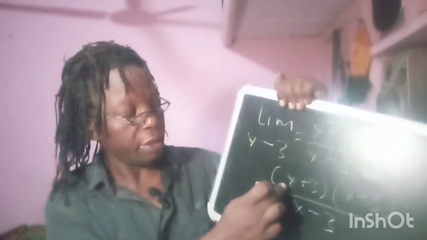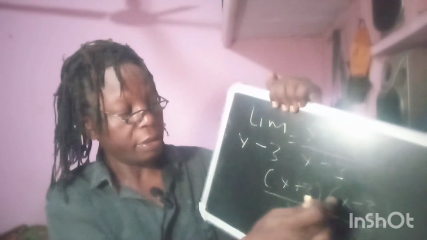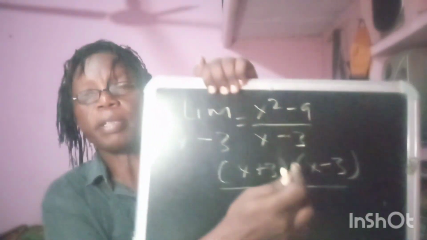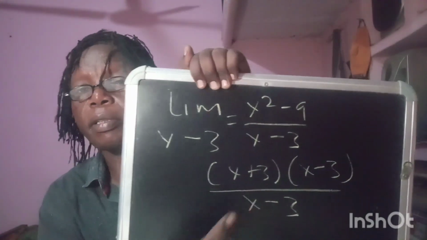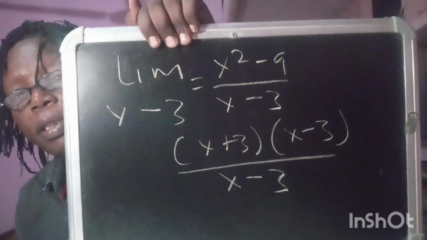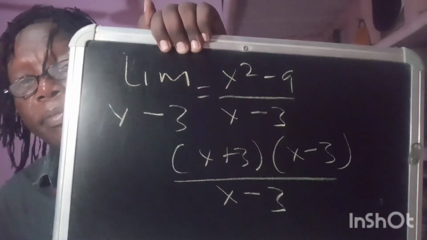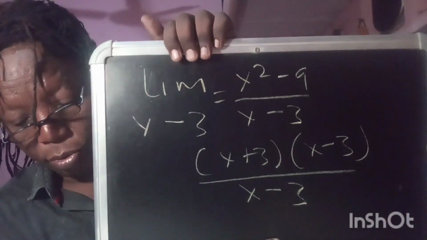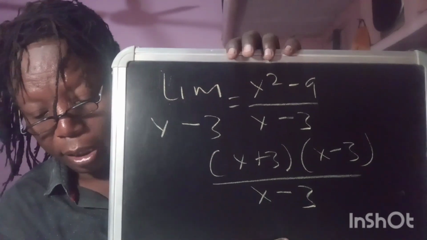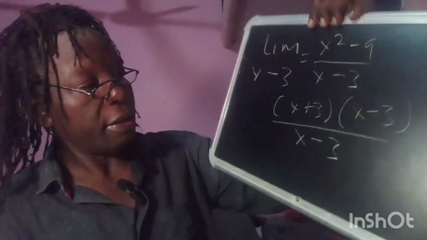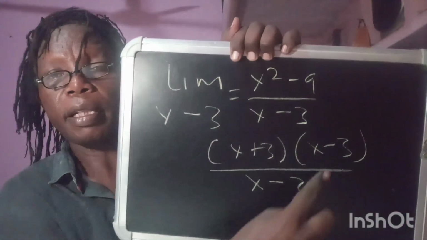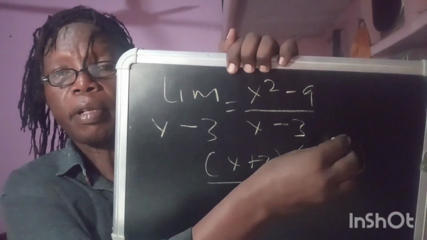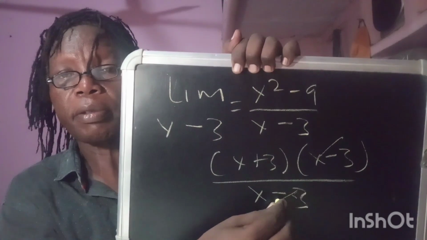You can calculate this expression to give you that value; you know algebra. If you have done this, you know what factoring is. Once we get into this form, we can cancel the values. Here you can see x minus 3 and x minus 3 can cancel.